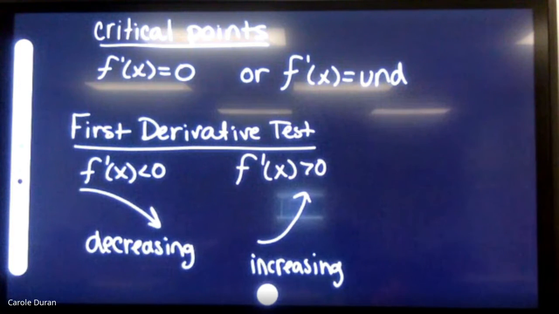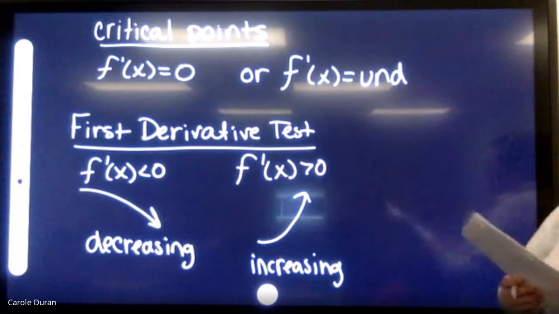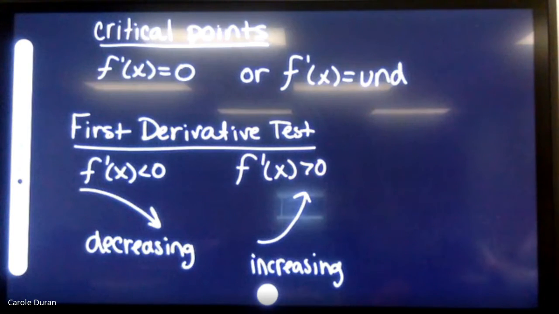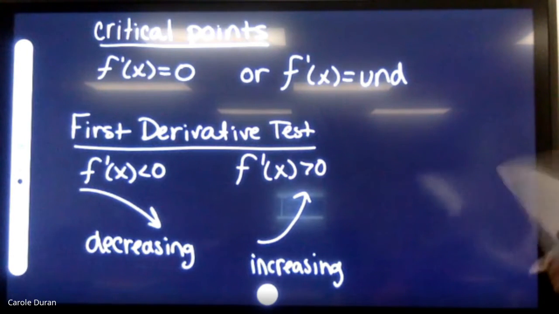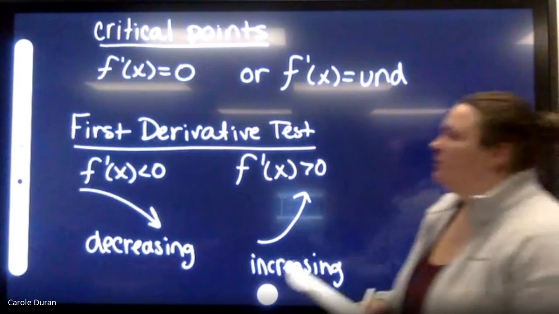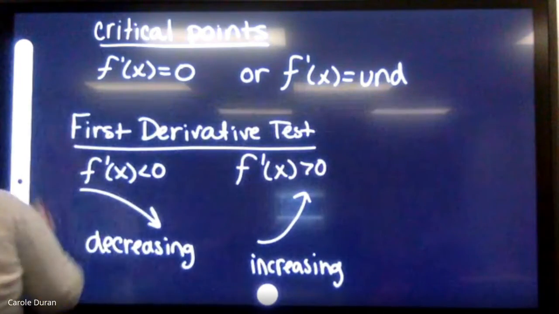We use that increasing and decreasing to identify where our minimums and maximums occur, if they exist for that portion of our graph. If it equals 0, that's a critical point. So that's where we test on either side of.